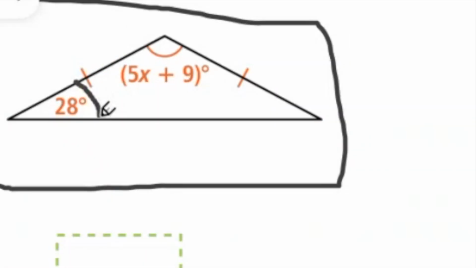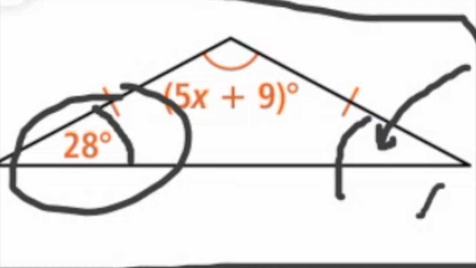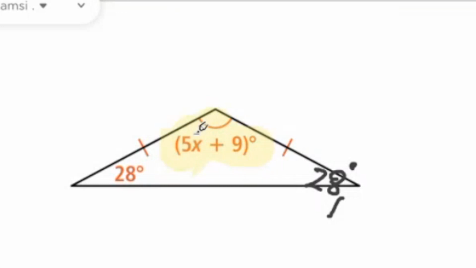If this is 28, then this is 28. Now we can find the value of x, which is here in this angle, the third angle. This angle has the expression with x, 5x plus 9. This is going to help us to find the value of x.